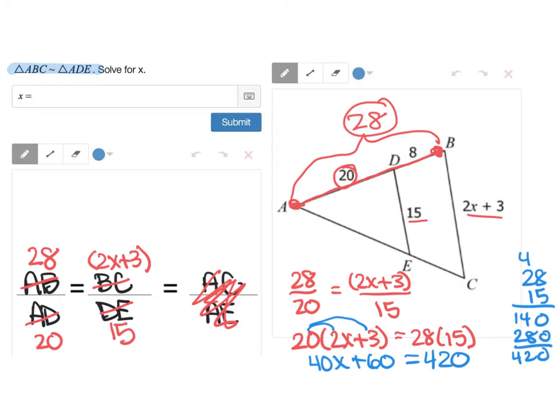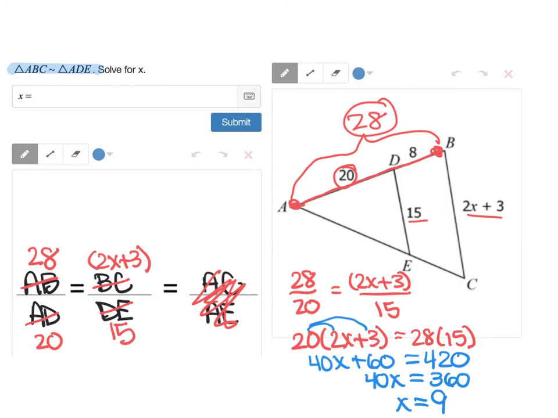Okay, subtract your 60. You have 40x equals 360. Divide, and you get 9. See? So if you don't have a calculator, you can always go back to elementary school multiplication.